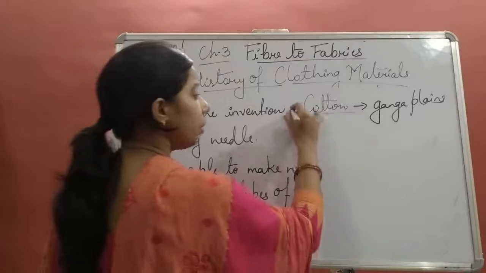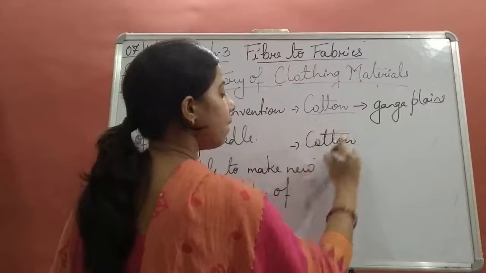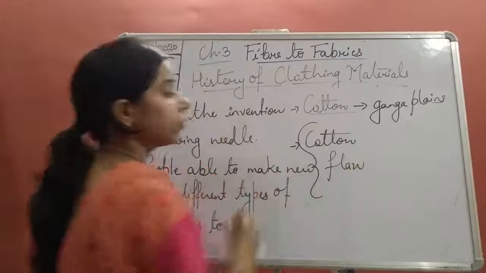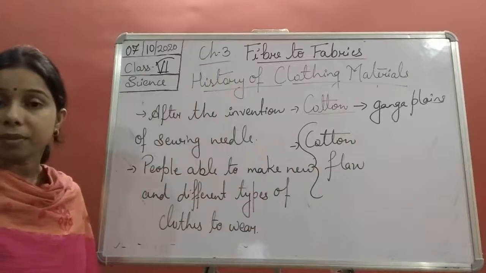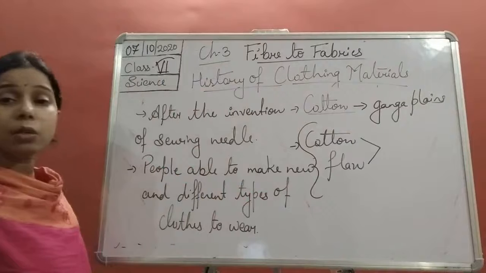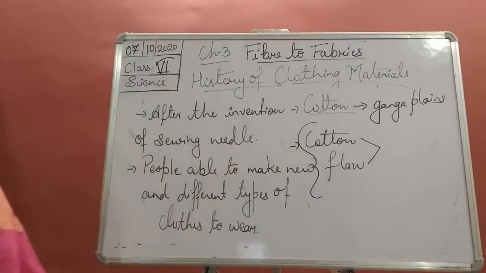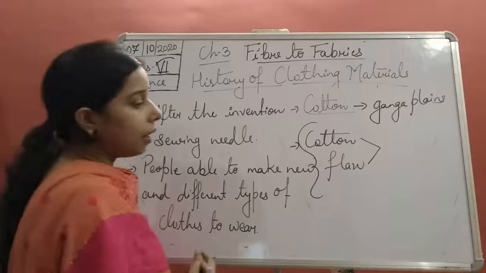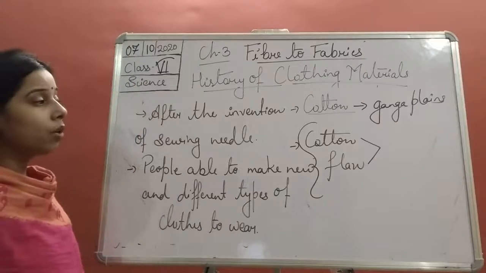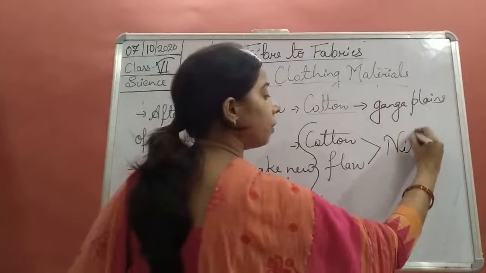Not only there, but the cultivation of cotton as well as flax. The people from Egypt also started cultivating these two types of fiber which help in making the fabric. So they started cultivating it near the Nile river.